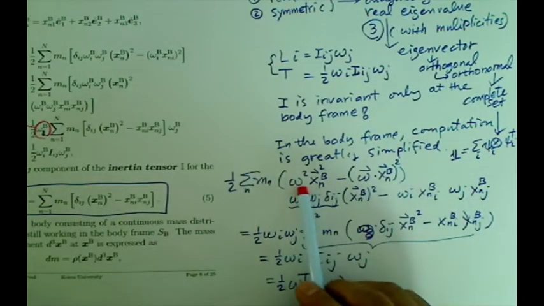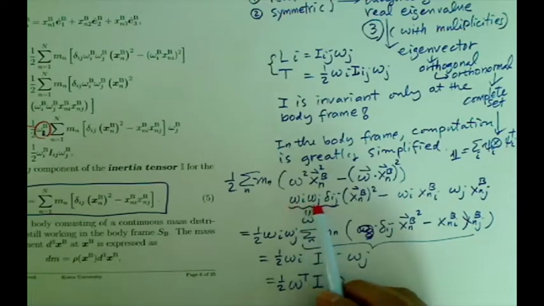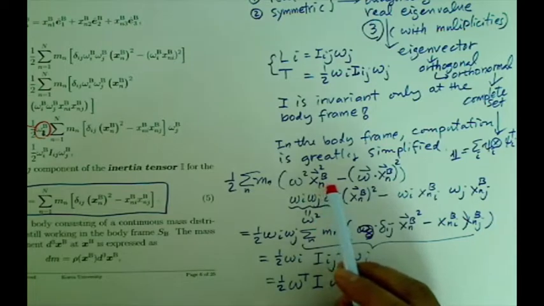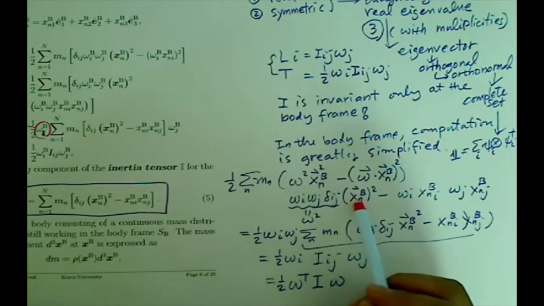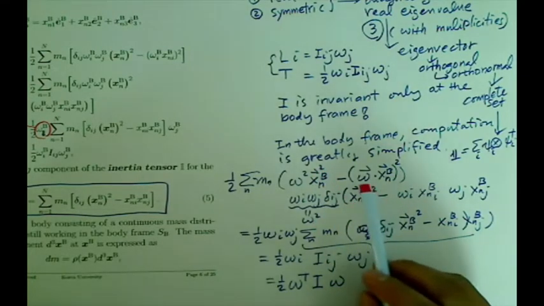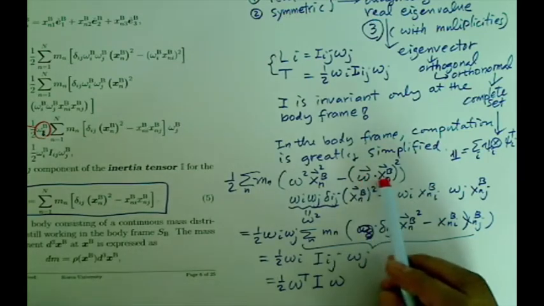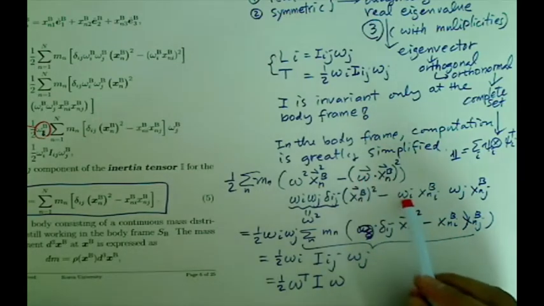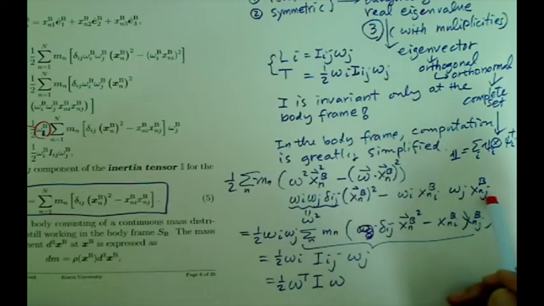Now this omega squared is omega_i omega_j delta_ij, so we can rewrite it that way, with x_nb squared copied in here. For the omega dot x term, we repeat it once and twice.